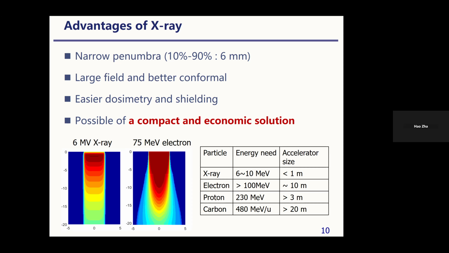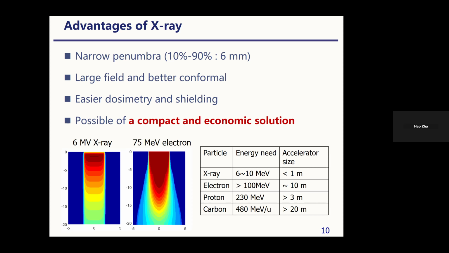And third, because the mainstream of current radiotherapy uses X-rays, the dosimetry and the shielding will be much easier. Most importantly, X-rays enable a very compact and economical solution. For example, if you look at the accelerator size, for X-rays we only need an energy of 6 or 10 MeV.